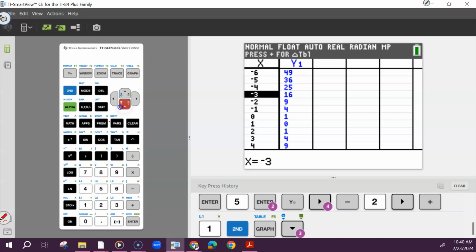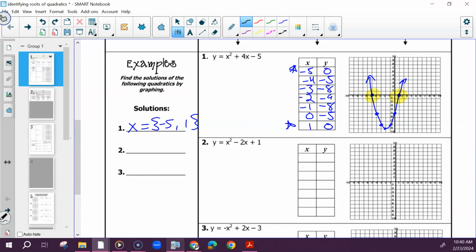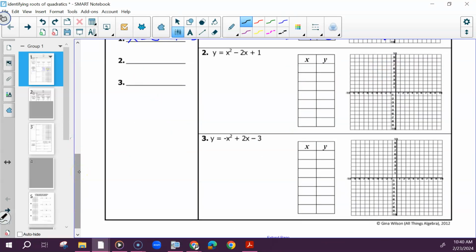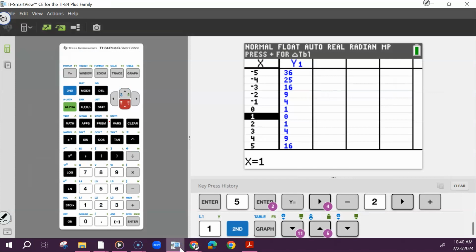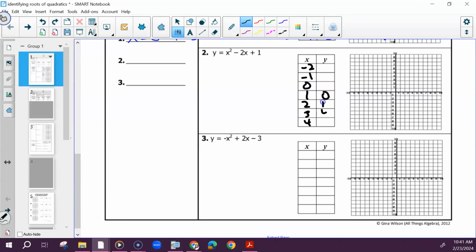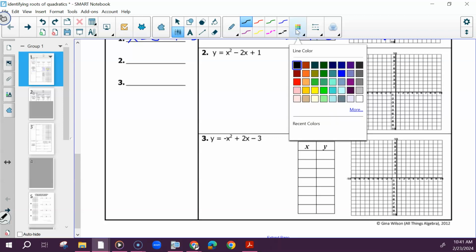And then you can put all those points in your table. And graph those points.